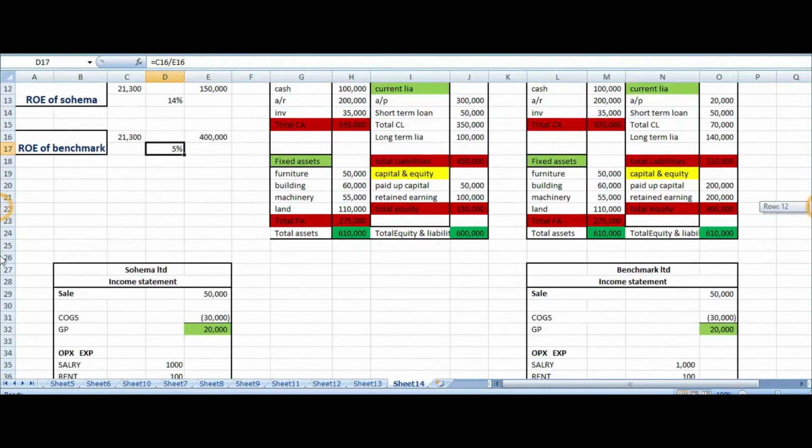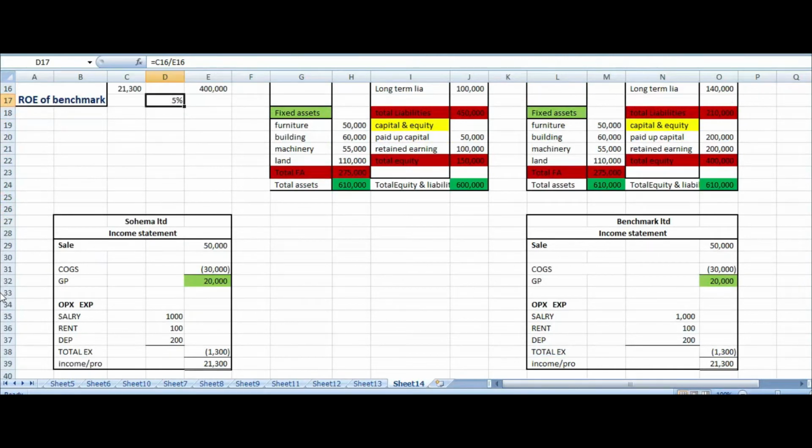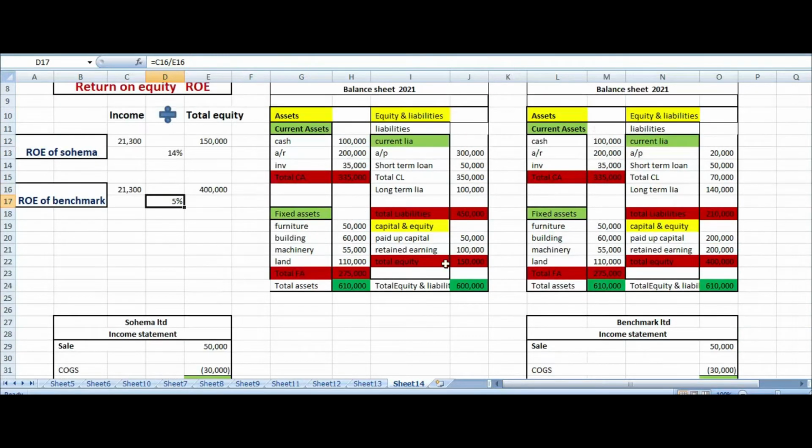Okay, so guys, we can see that both of these companies have the same sales amount. Soima Limited has sales of 50,000, and benchmark has sales of 50,000, and both companies have the same net profit. Then why haven't benchmark performed better?